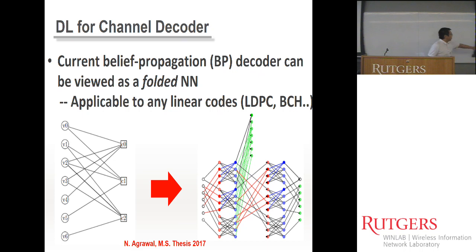For example, this is a factor graph. This is the variable node, and this is the check node. Typically, no matter for LDPC codes or polar codes, we can perform message passing along this tanner graph.